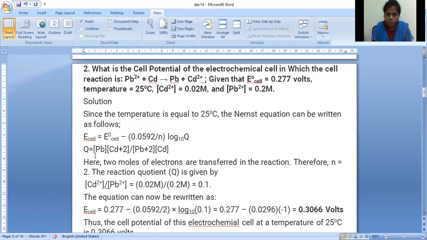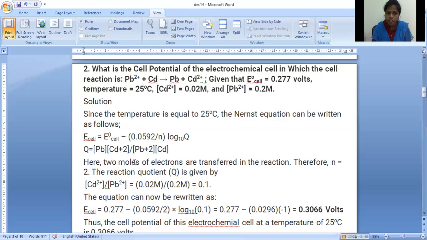Here we know Pb, lead, is a solid, and cadmium is also a solid. I explained in the previous class that a metal without charge is solid, that is the metal. If a metal has a charge, that means it is an ion, that is the electrolyte. See here, Pb and Cd are without charge, so these are solids and their concentrations are equal to 1.